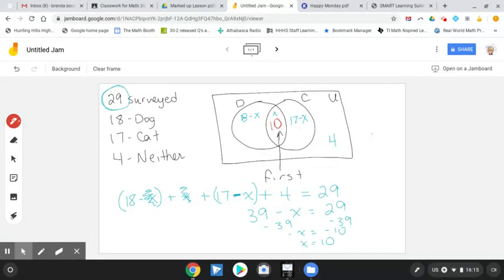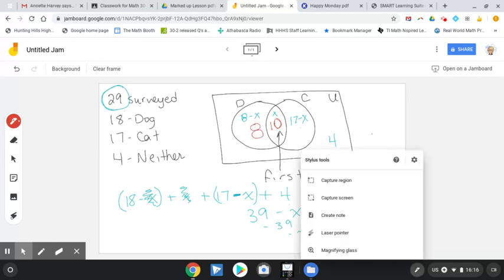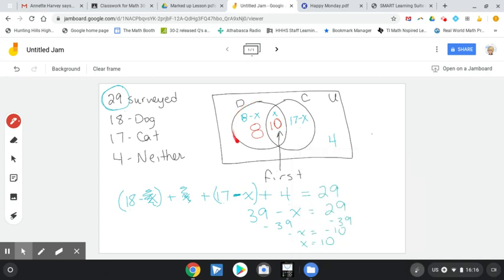And then over on the left-hand side here, 18 subtract X. So 18 subtract 10 would give me 8. If you take a look at this circle, this is where we put all the people that have a dog. Notice that the total in that circle is 18, just like it was supposed to be.